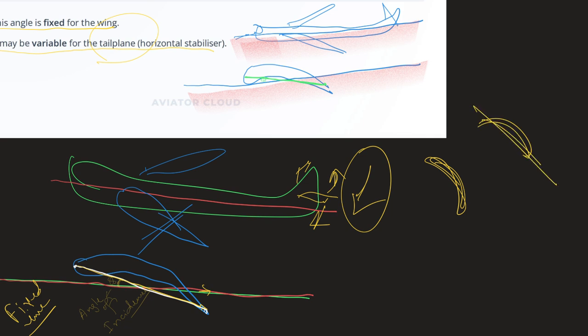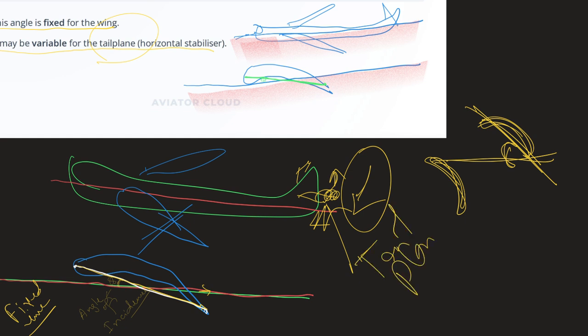The chord line changes the angle between the longitudinal axis and the chord line of this tailplane aerofoil. The angle can change. That's why it can be variable.